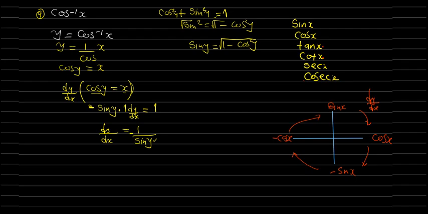From there we replace that there. So dy/dx is equal to negative 1 over root of, because where there is sine y we put this, 1 minus cos squared y.